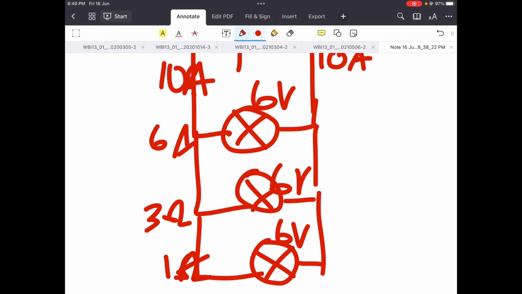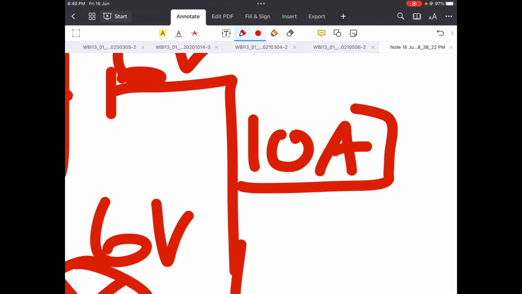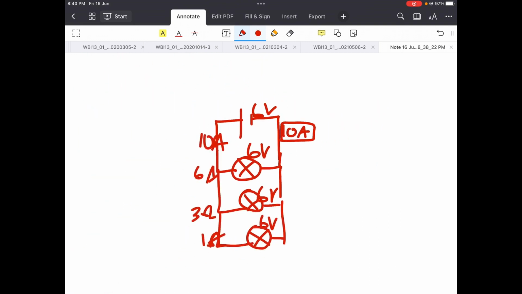So this is 6 amps. Then you have 4 amps left, and then 3 amps goes through here, and then the last amp goes through here, and then all of that current is returned at one point, and it's 10 amps in total.